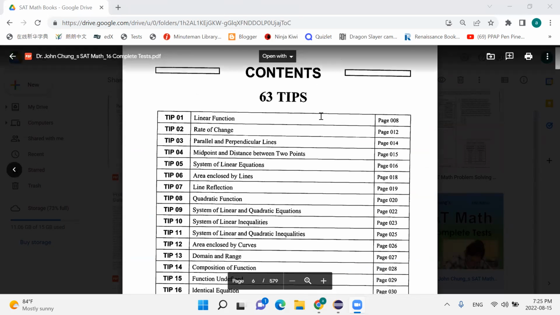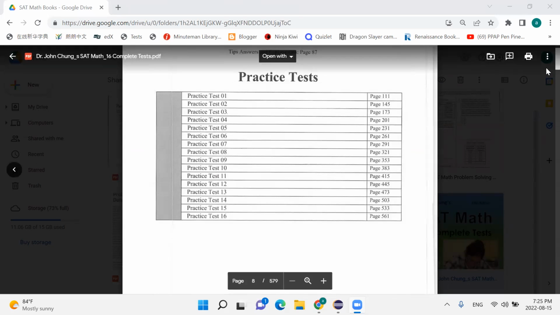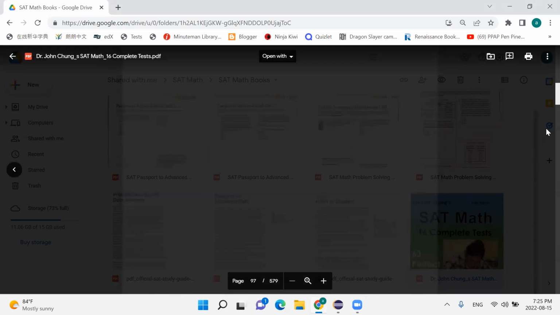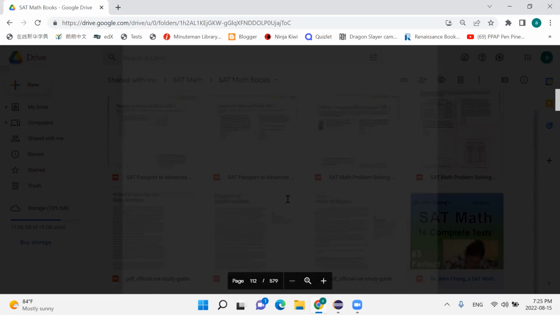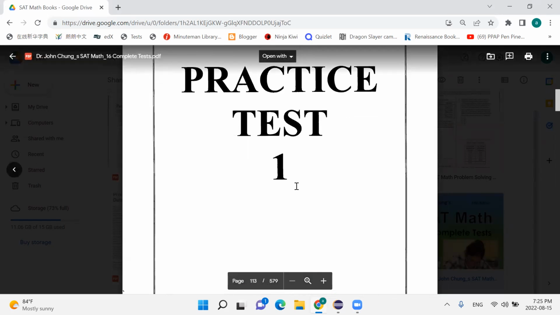Okay, so we have our contents, but we're going to go all the way down to our first practice test, which should be somewhere around these pages. See, these are the tips and their answers.